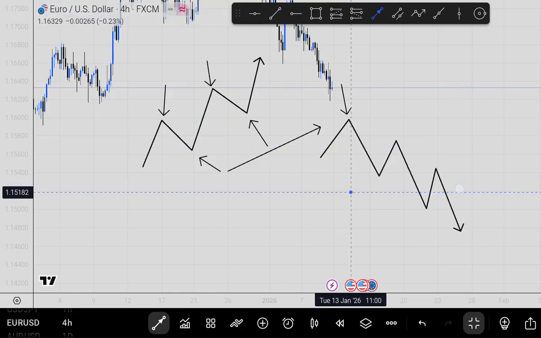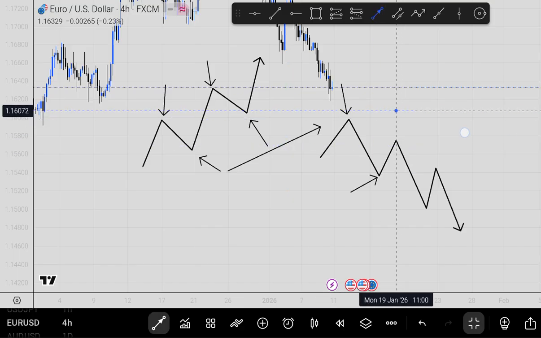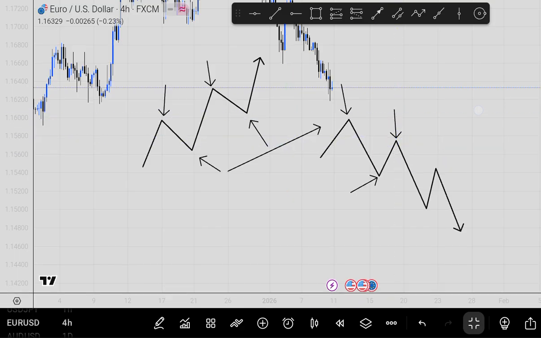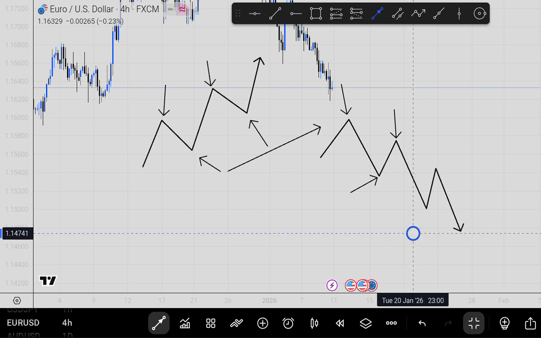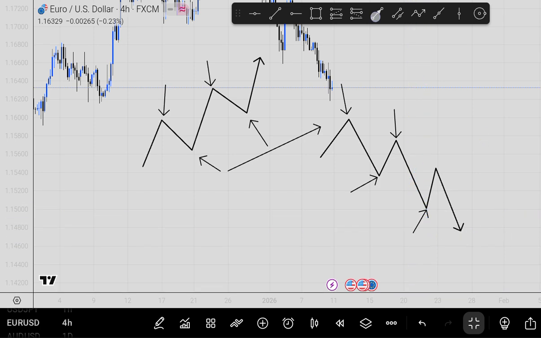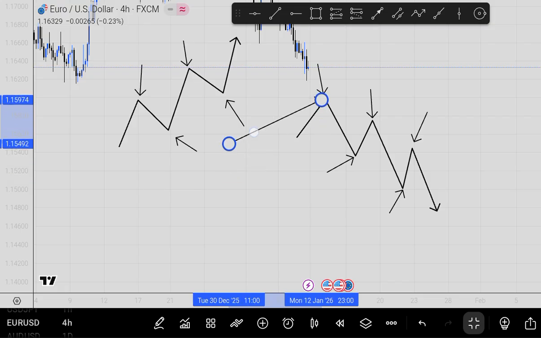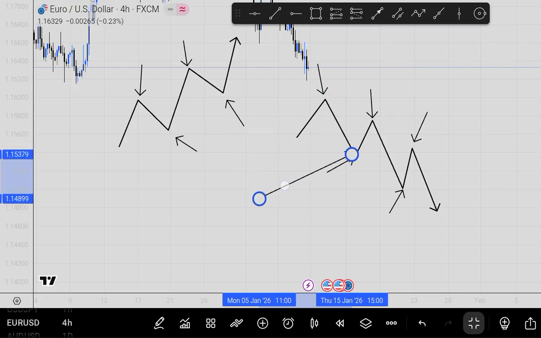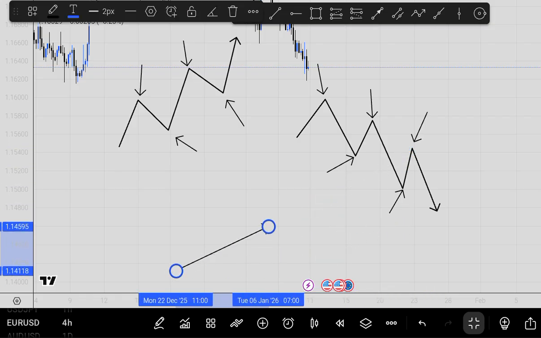These are called turning points of the market. You can see we have our support and resistance in our downtrend market. This is our support, this is our resistance, this is our support, this is our resistance, this is our support and resistance in a downtrend market.